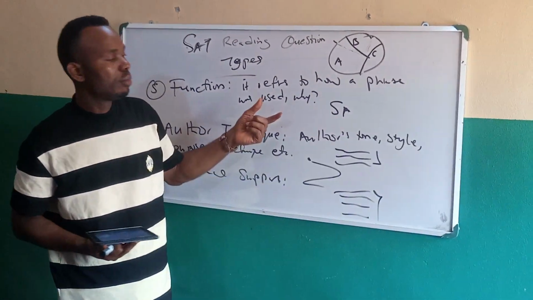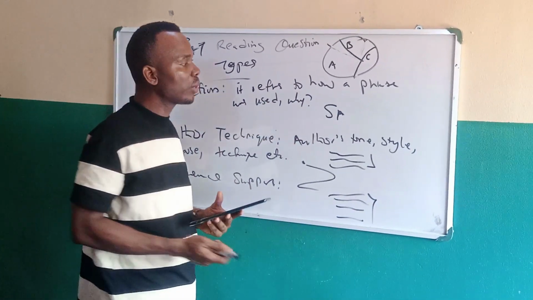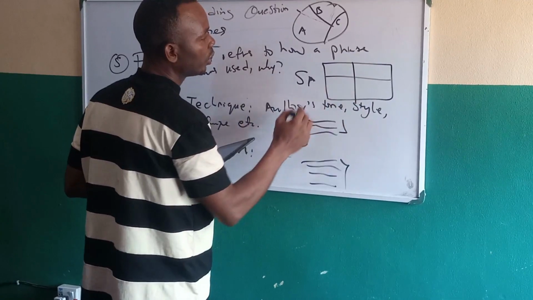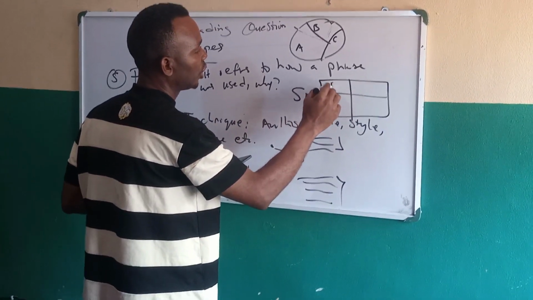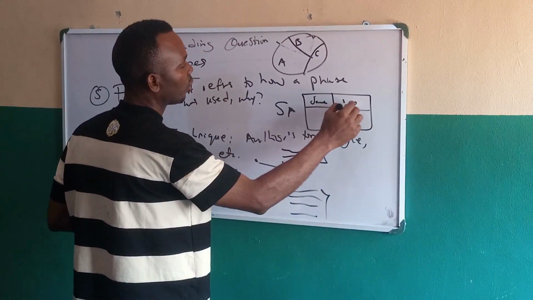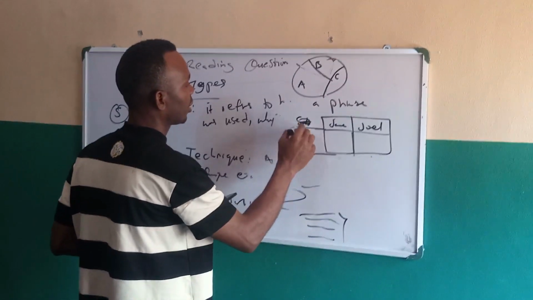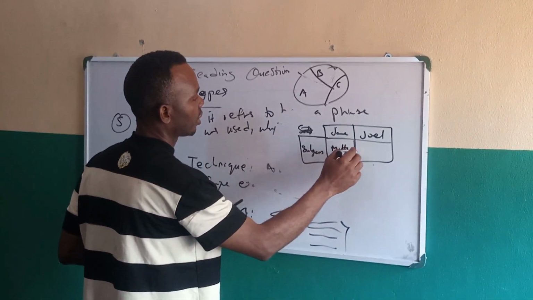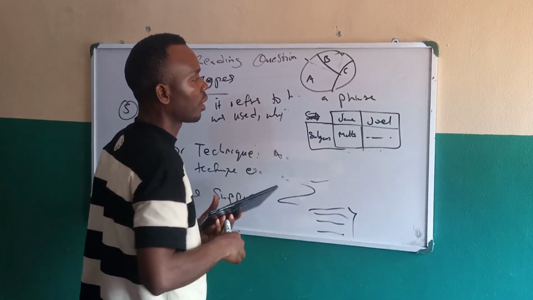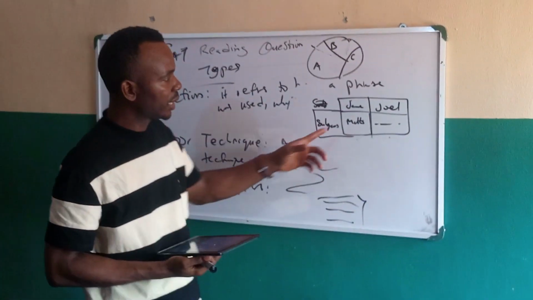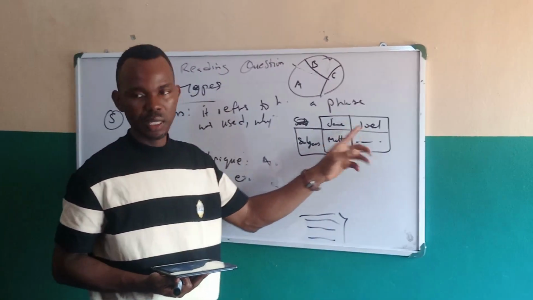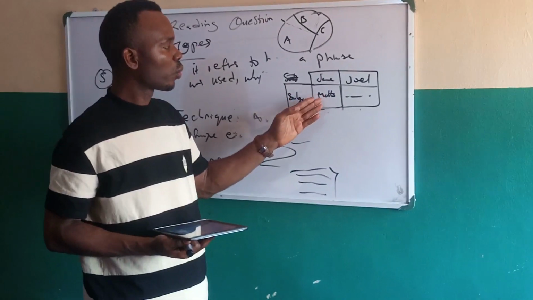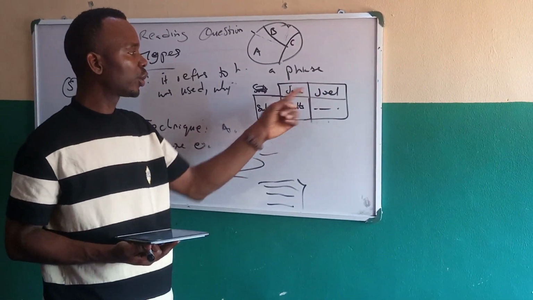At times, again, you may be given a tabular information. When you are given a tabular data, please pay attention to the categories. All right, if this is Jane and this is Joel, subject, okay, subject. So this is maths, this is maybe something, for example. So if you look at this kind of table, you pay attention to the categories. These are like names of people, Jane and Joel, right? Yes, then this is subject. So whatever I'm going to interpret here is in relation to the category.